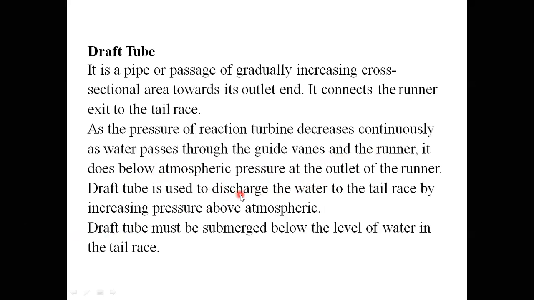Draft tube is used to discharge the water to the tailrace by increasing pressure above atmosphere. So the draft tube must be submerged below the level of water in the tailrace. Means the function of draft tube is to increase pressure, simply increase the pressure of the turbine.